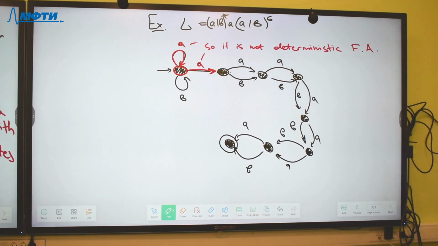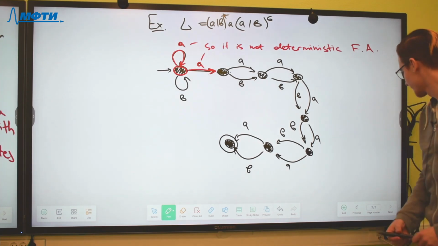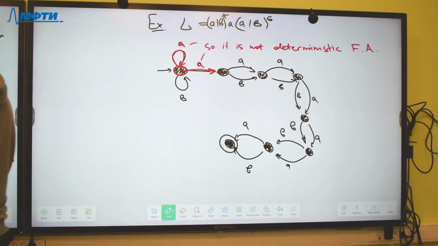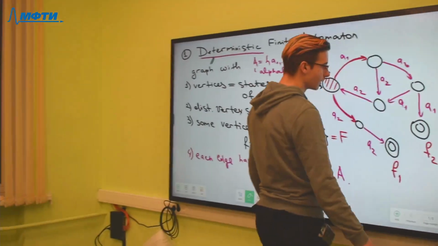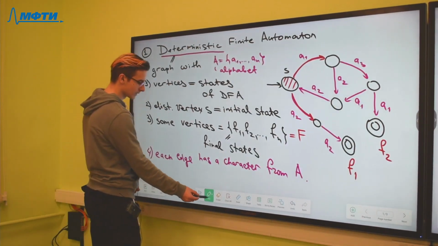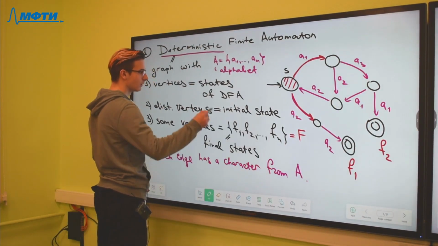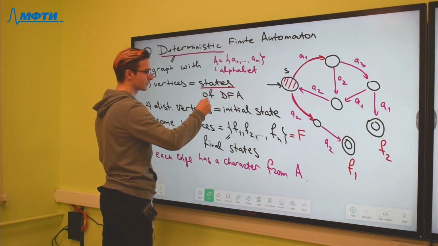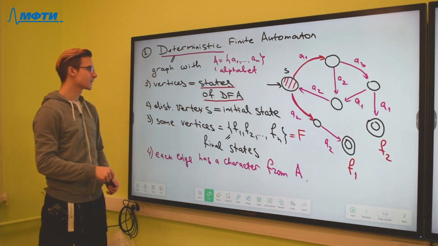Okay, and do you understand what the states of the finite automaton are? We talked about it in the first part. States of the automaton are the vertices of the graph.